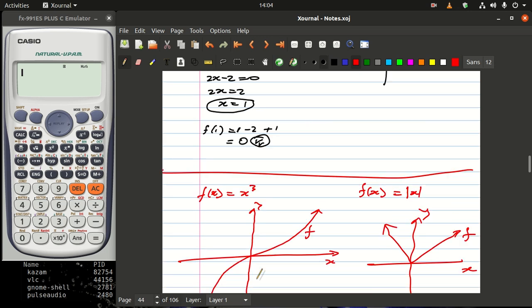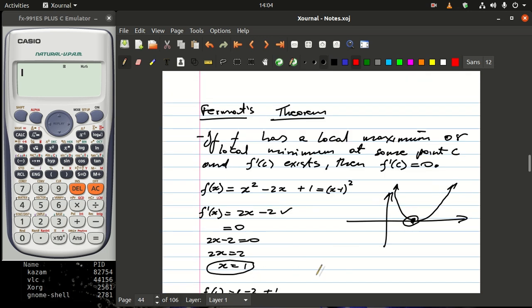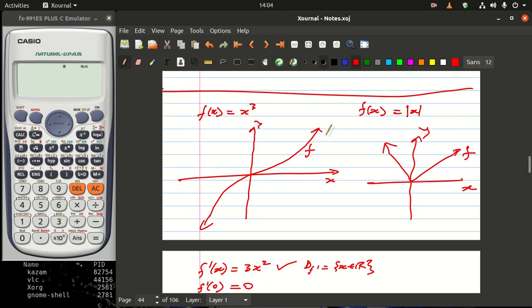Now, let's go back and look at what Fermat's theorem is saying. It is actually saying first there must be a local maximum or a local minimum. And it does not say that if the derivative exists at this point and equals 0, then there must be a local maximum at that point. That is not what it is saying. Looking at this function, it is increasing throughout.